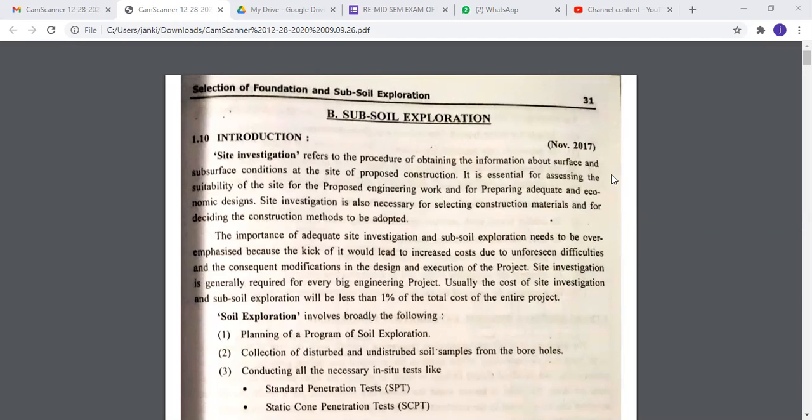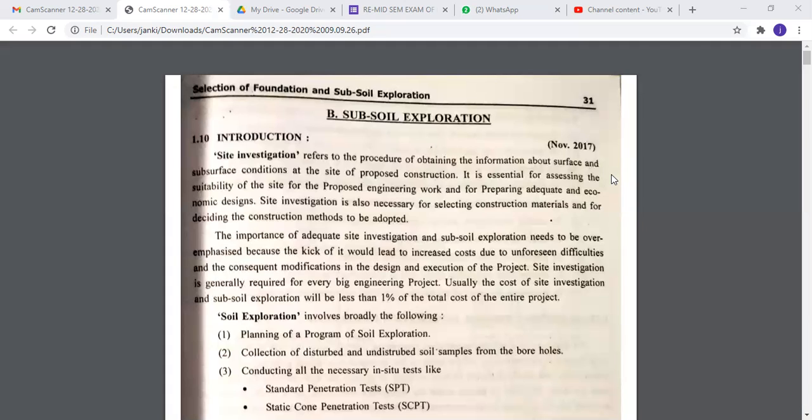Because if construction work starts and then we learn about some changes or problems related to site difficulties or the soil, then changes or modification in the design or the project incur a lot of cost and work.